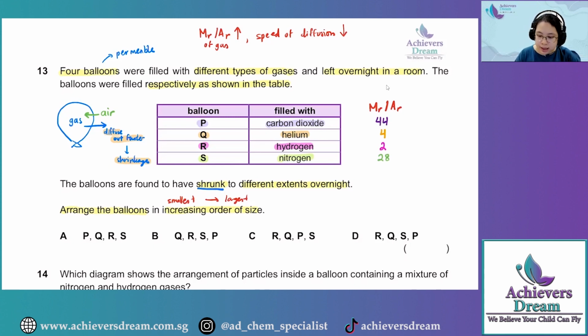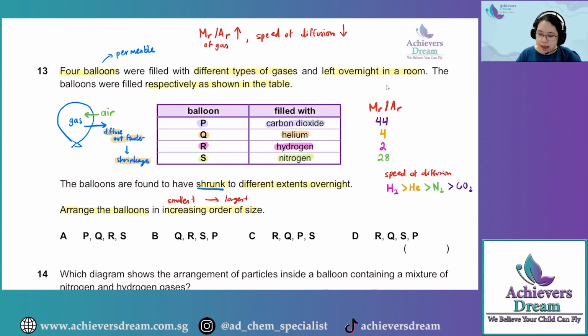So that means that in terms of speed of diffusion, the fastest one would be hydrogen, followed by helium, followed by nitrogen, followed by carbon dioxide.